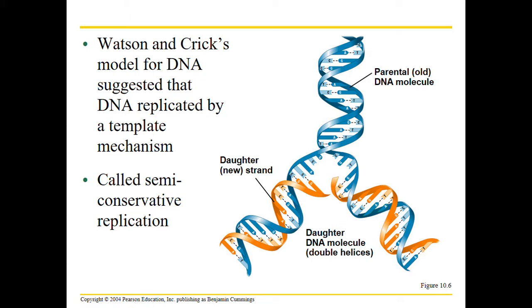And then we start matching new strands to each of the original strands. The original strands are blue, the new strands are this orange color. This is all called semi-conservative replication because we're saving one of the old strands on each side. We're not going to be starting all over. We're still keeping some of that old parent DNA molecule and just attaching new daughter strands to make new strands of DNA.